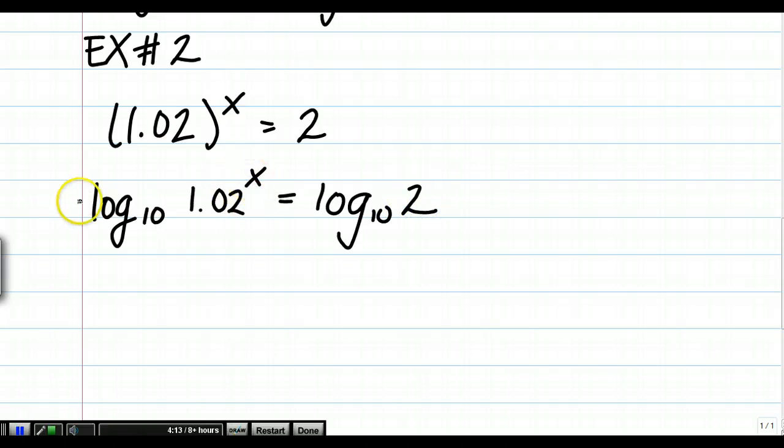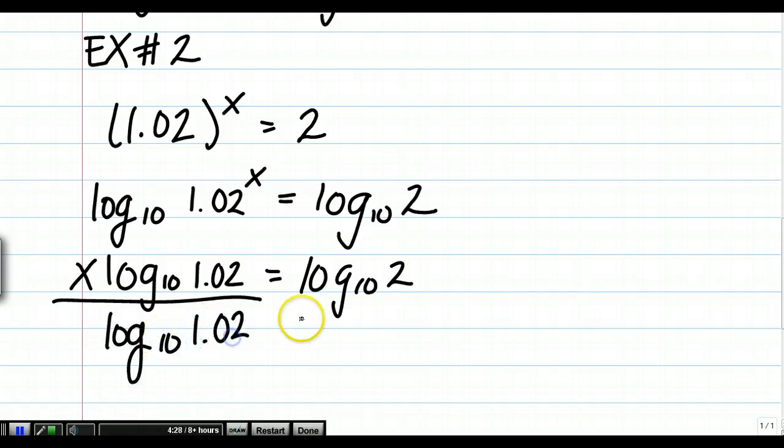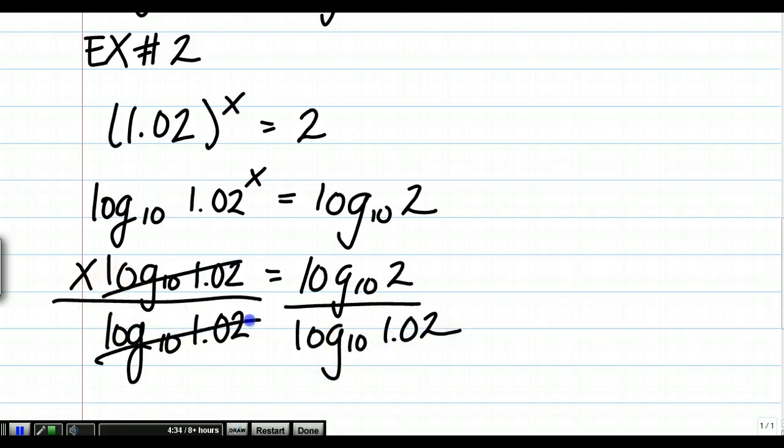Now I'm going to move that x to the front because that is my exponent. And I'm going to solve for x. So I'm going to divide by log base 10 of 1.02. This will go away.